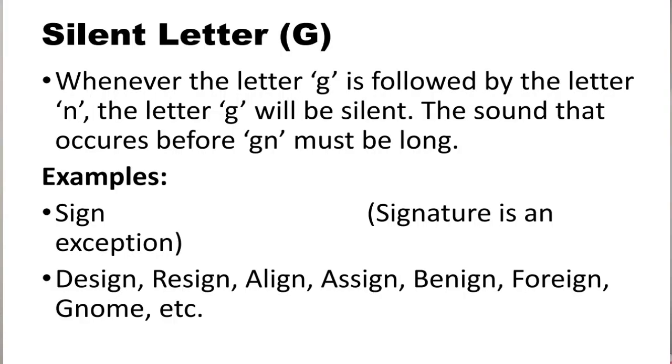The next letter that we have is silent letter G. Whenever the letter G is followed by the letter N, the letter G will be silent. The sound that occurs before GN must be long. If there is a short sound, G will not be silent.